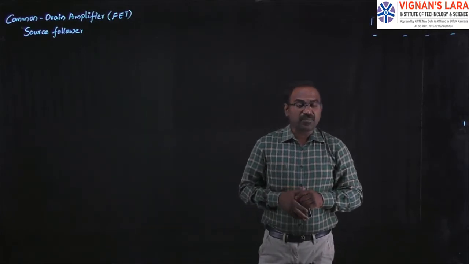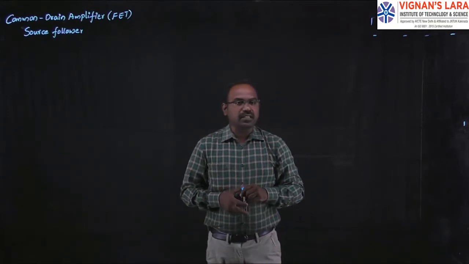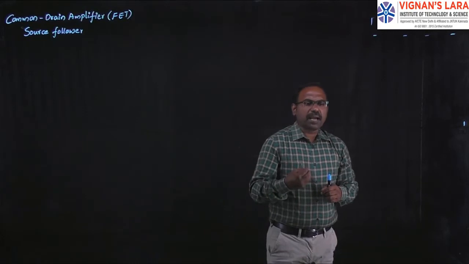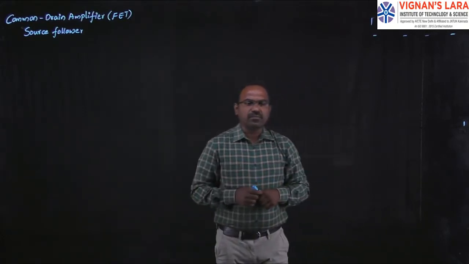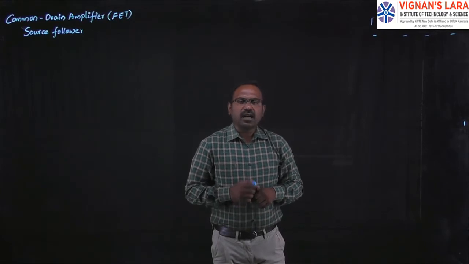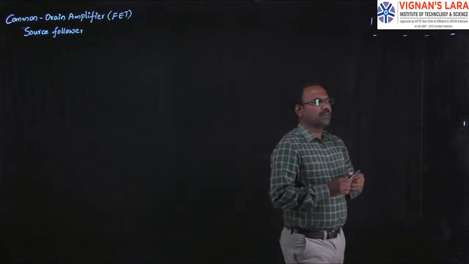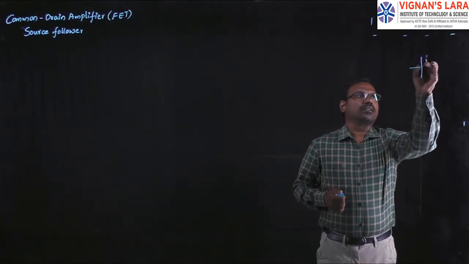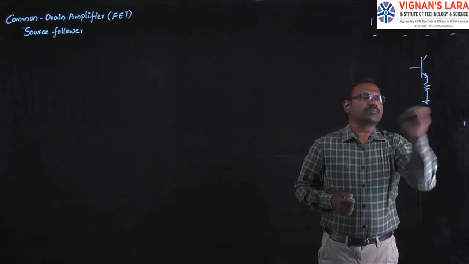Actually, in case of BJT, especially in common collector configuration, we have used the common emitter amplifier as the common collector amplifier, but the output is taken across the emitter. I'm just simply drawing the output part, between collector and emitter.